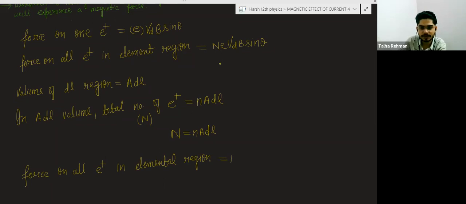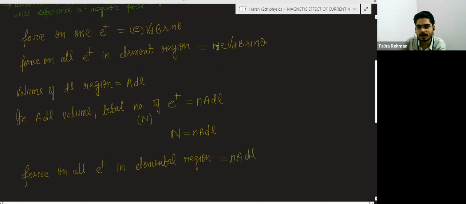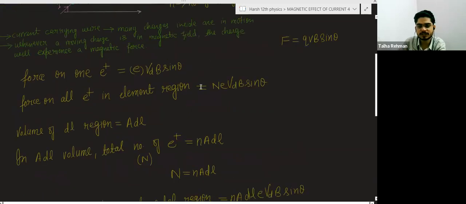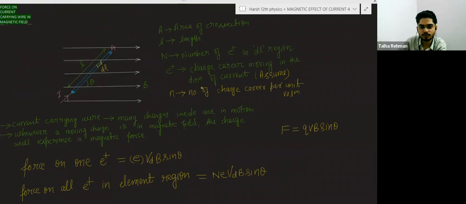So you will get n A dL, instead of this N you have put this value, and you will have e into drift velocity into B into sine theta. And I am writing here, V suffix d represents the drift velocity.